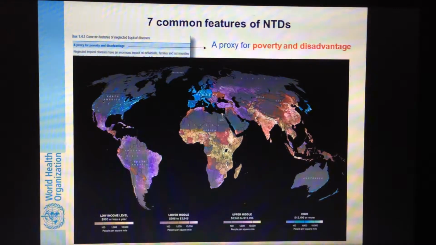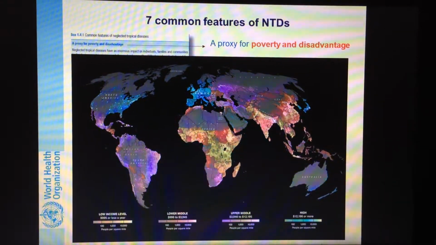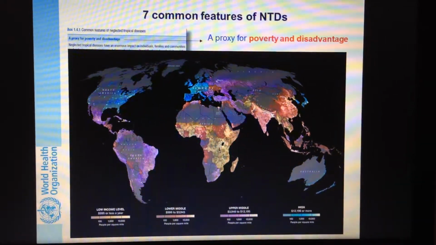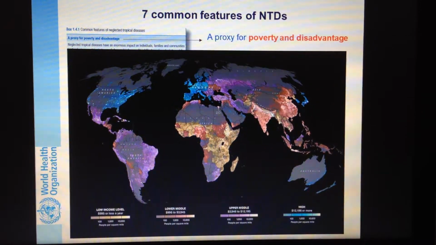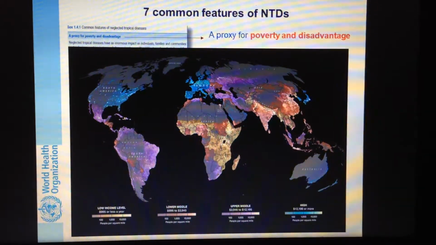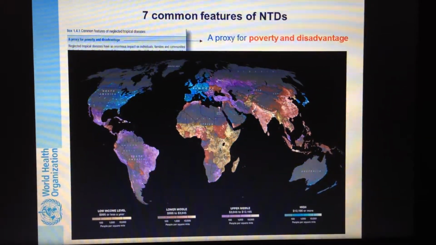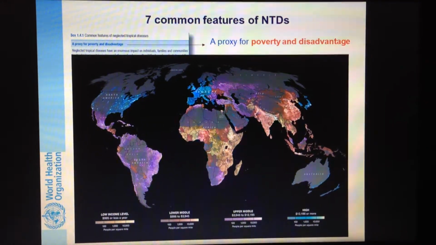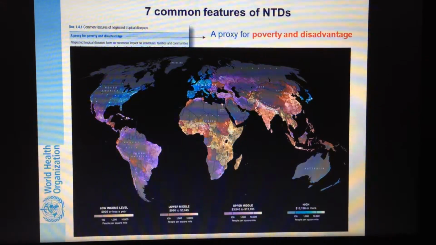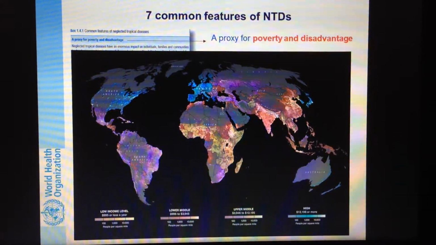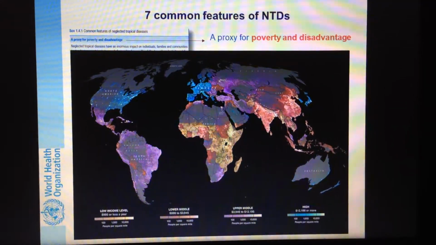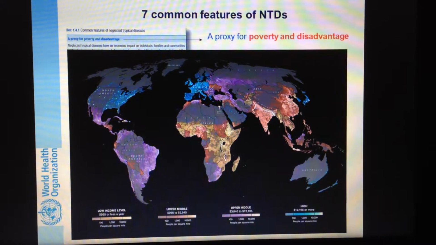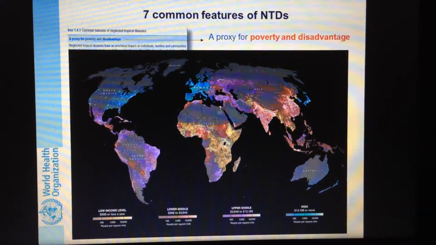There are 7 common features of NTDs. Let's see them. The first one is that they are diseases closely linked to poverty. In this map, you can see how the index of income is distributed along the planet.